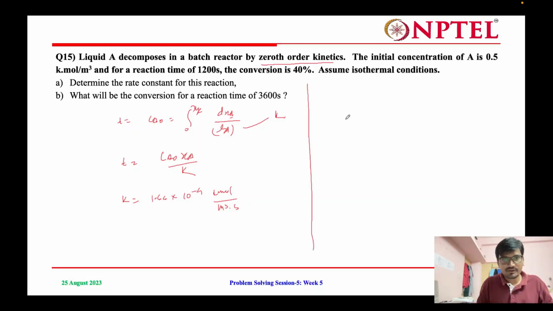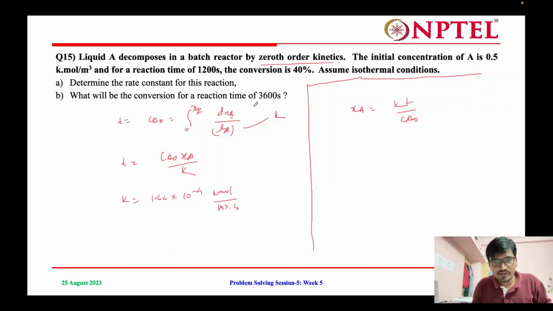Now the second part: what will be the conversion for a reaction time of 3600 seconds? XA is equal to k t by C A naught. Here k is calculated, t is equal to 3600 seconds, and C A naught is given.